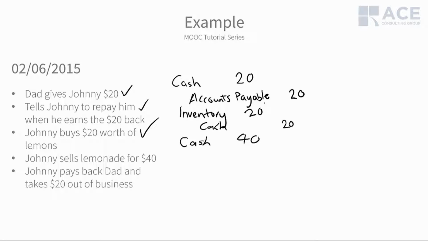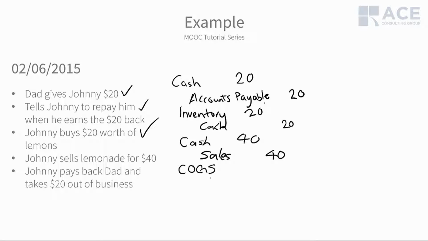In this case, instead of actually crediting our inventory, we'll credit an account called sales. And we can accurately write 40 because that's how much we sold it for. Now, in the case of our lemonade, we can simply debit another account called COGS, and this stands for the cost of goods sold.